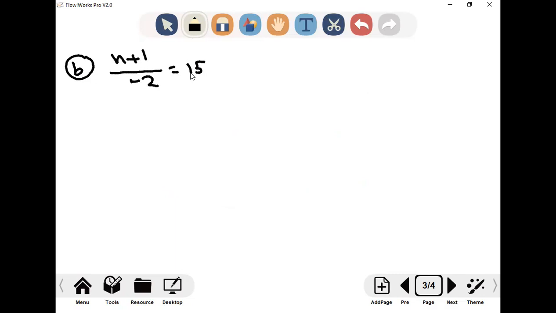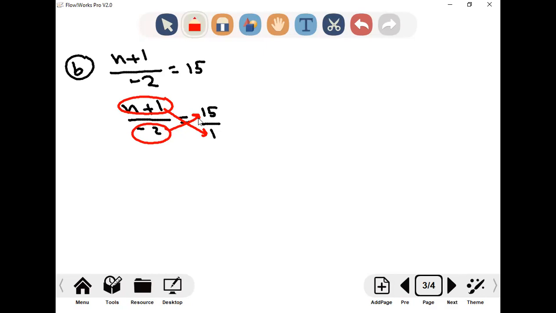We can multiply by 2 on both sides or do something we call cross product. So here I will rewrite it: n plus 1 over negative 2 equals 15 over 1. Cross product means you multiply n plus 1 by 1 and you multiply negative 2 by 15. This is what we call a cross product.